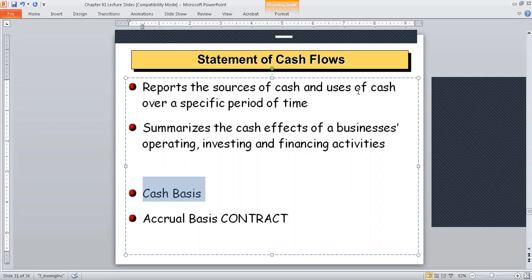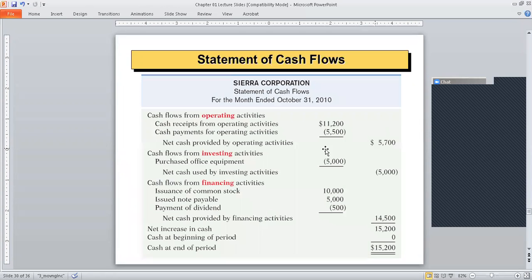But it shows the comings and goings of cash, which of course is a very, very important asset. And the cash flows are classified according to the three kinds of business activities that we talked about as we examined the life cycle of a business.